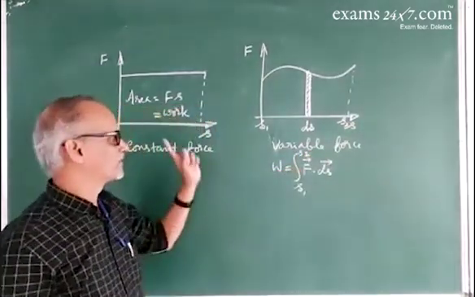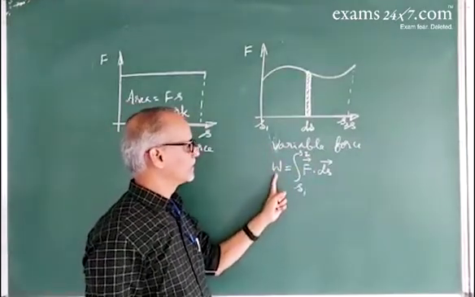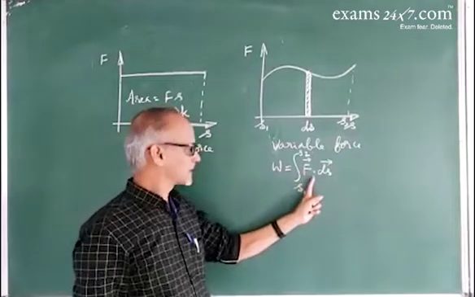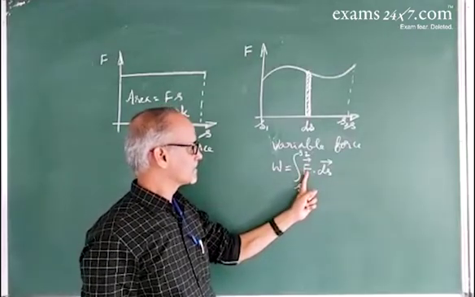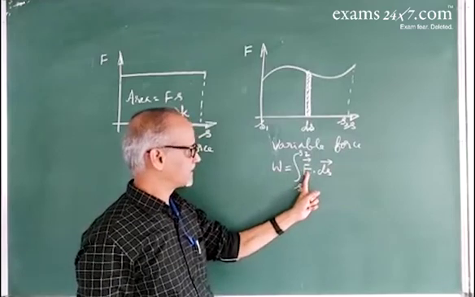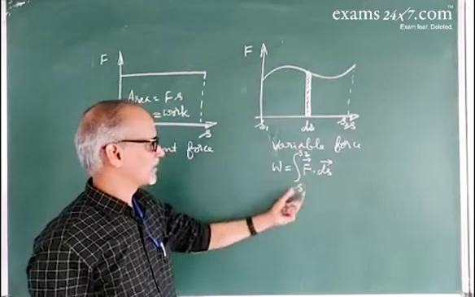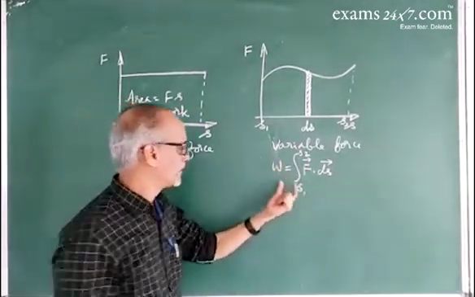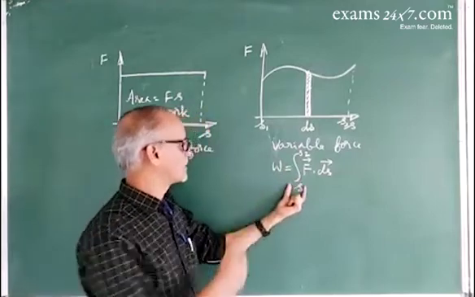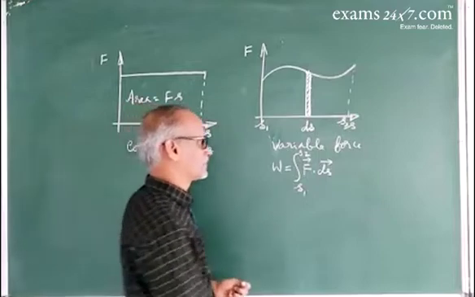Therefore, if the force is variable, to find the total work done, we make use of the integration format, where force is integrated with respect to the displacement within the limits S1 to S2, where S1 stands for the initial position where the body is placed, and S2 is the final position that is covered.